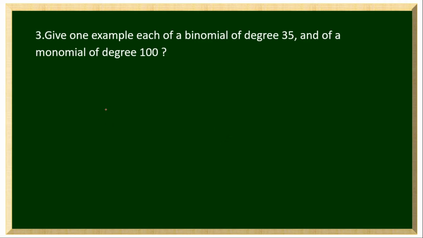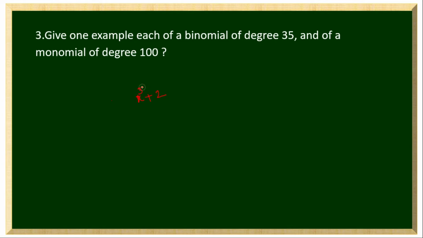Binomial means, as I already explained in the previous class about polynomials, it is having two terms. Suppose x square plus x plus 2 is a polynomial. But what is asked is to give one example of a binomial of degree 35.